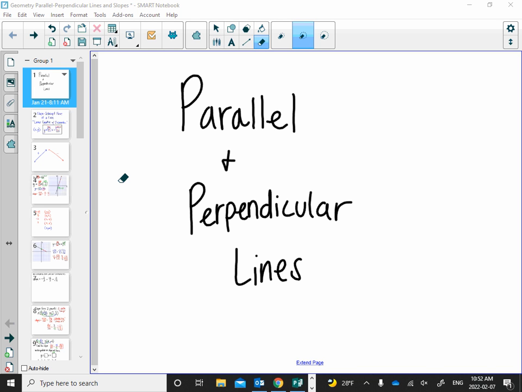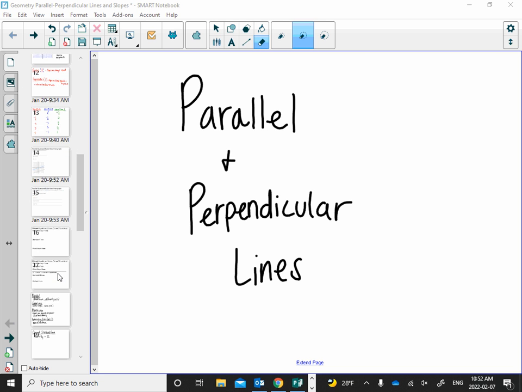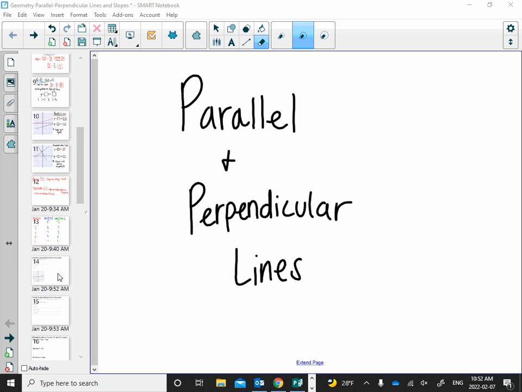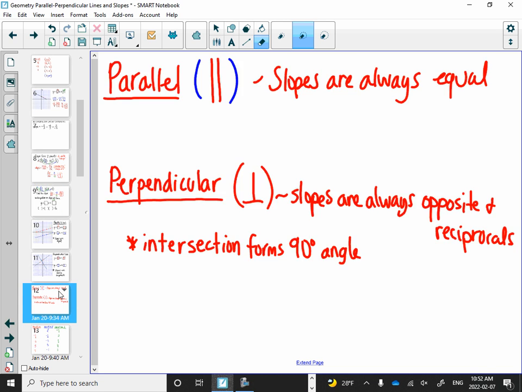Now, with parallel and perpendicular lines, the two most important things that we need to review are about their slopes. Here it is. Parallel lines, what do we know about the slopes of parallel lines? They are the same. What do we know about the slopes of perpendicular lines?